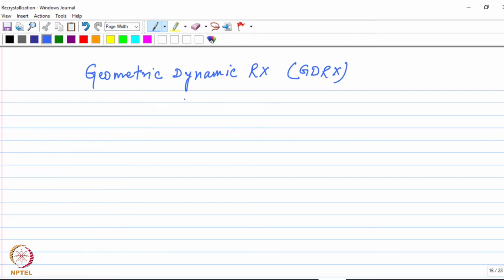Why it is called geometric will be clear in a moment as we discuss the mechanism of this particular phenomenon.